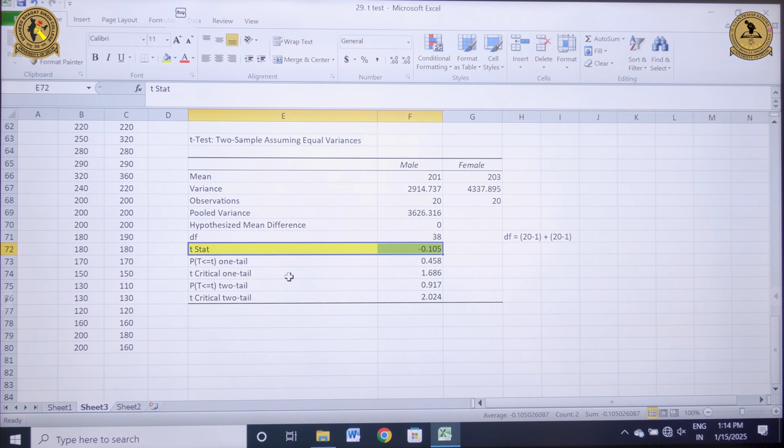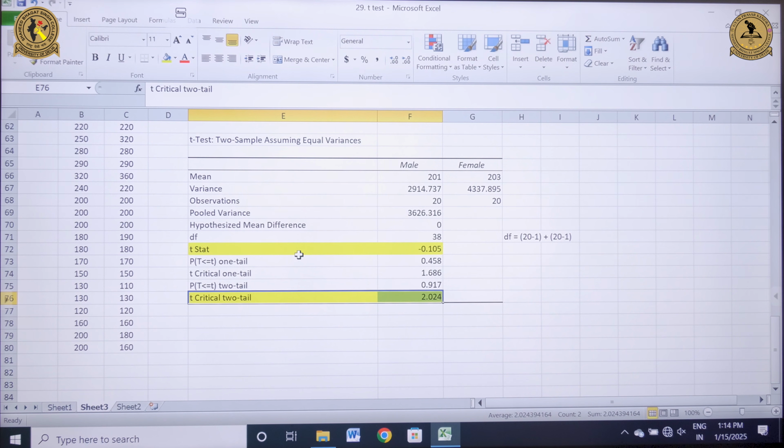The t statistic is minus 0.105 and I need to compare this t statistic with the critical two-tail t value, which is 2.024. Again, the t statistic is found to be less than the critical t value. Hence, we do not reject the null hypothesis.